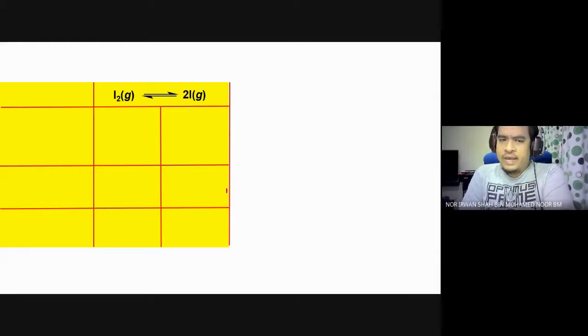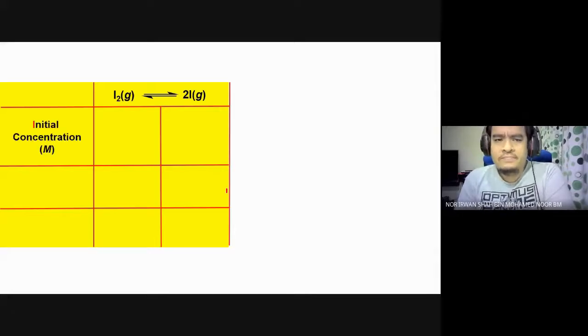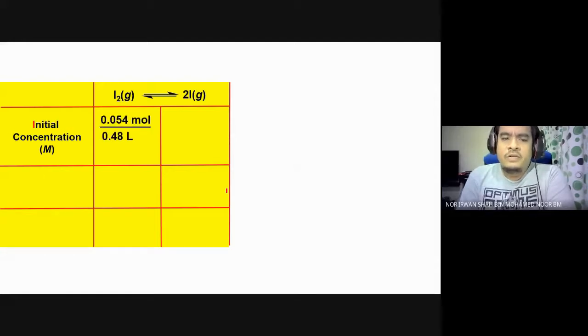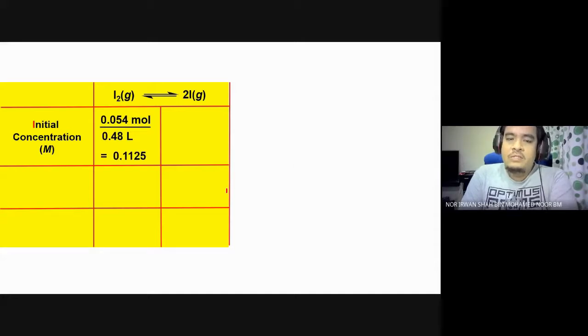Let's rewrite the equation, the equilibrium between iodine vapor and gaseous iodine atoms. We start with the initial concentration: the initial moles of iodine vapor divided by the volume, 0.48 liters, and we are going to get 0.1125 molar.